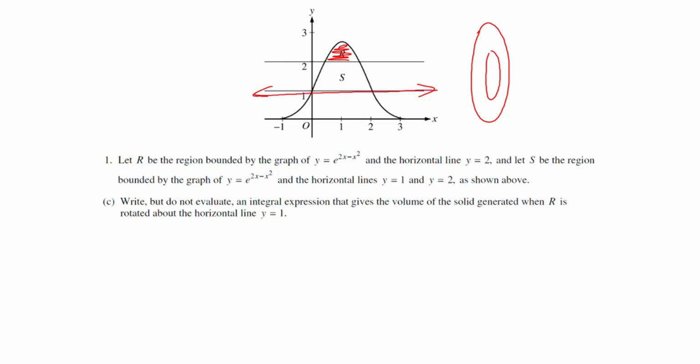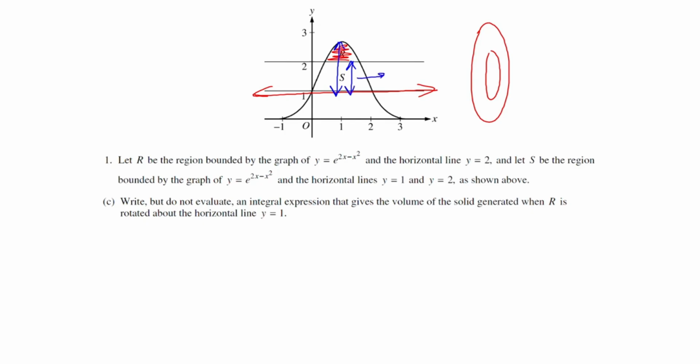So if we revolve around y equals 1, our outer radius is just going to extend from the upper bound of our region to 1, and the inner radius is just going to be the distance from the lower bound of that region down to y equals 1.